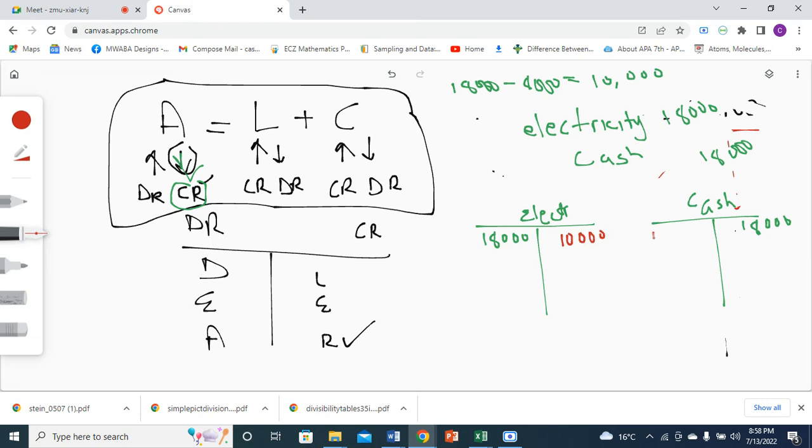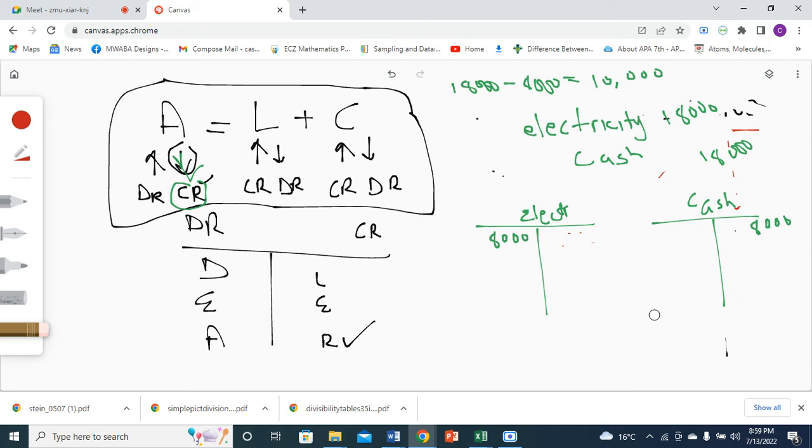On cash, we're going to debit it 10,000. So that 18,000 minus 10,000, you remain with 8,000. So your error has been corrected.